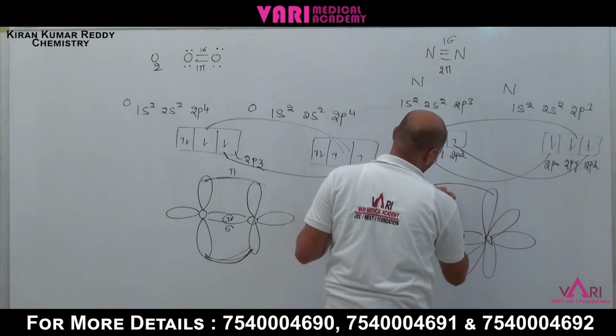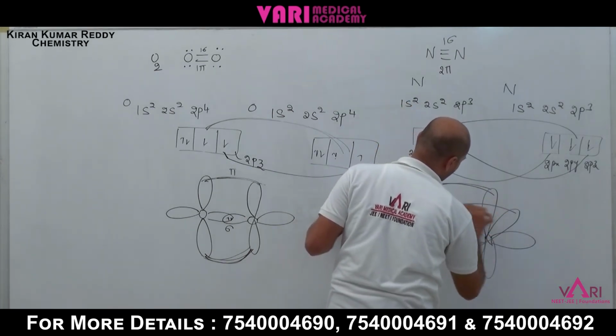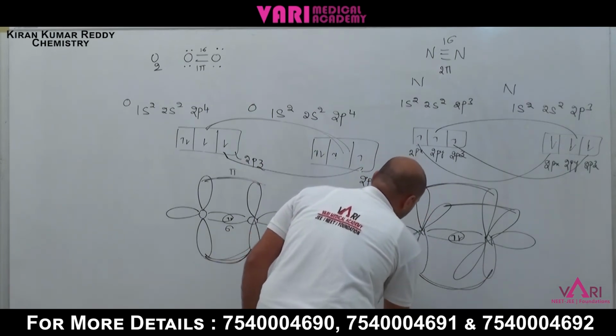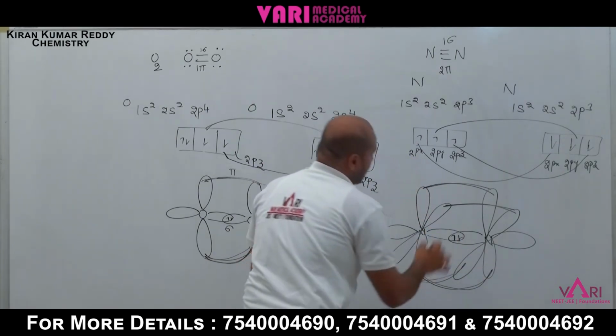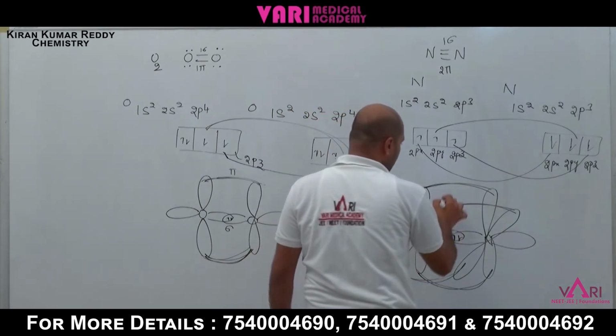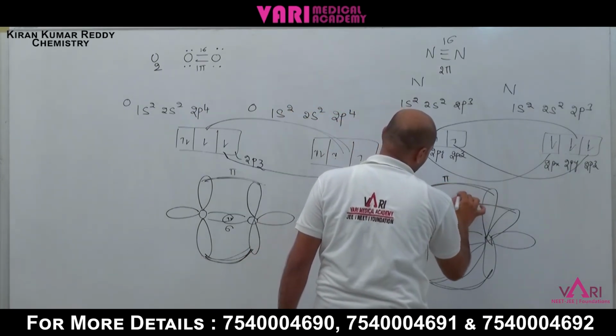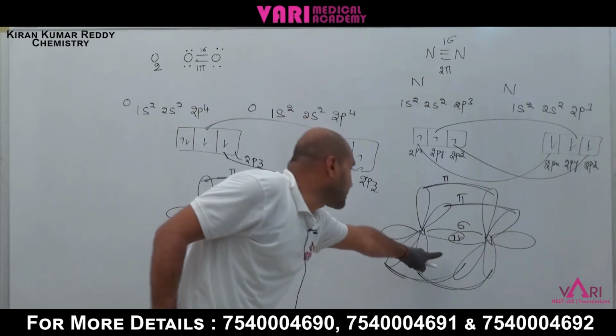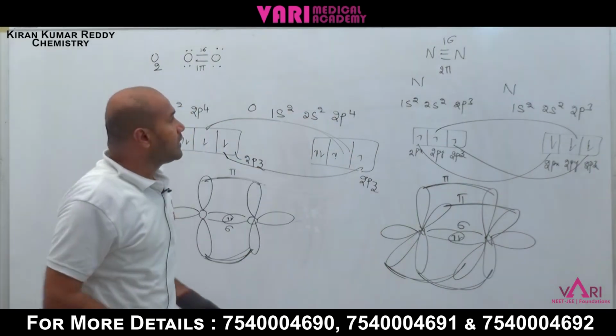This one overlapping, and this one overlapping, to form how many pi bonds? 1 pi bond, 1 pi bond. 2 pi bonds, 1 sigma bond. This is the representation of the nitrogen molecule.